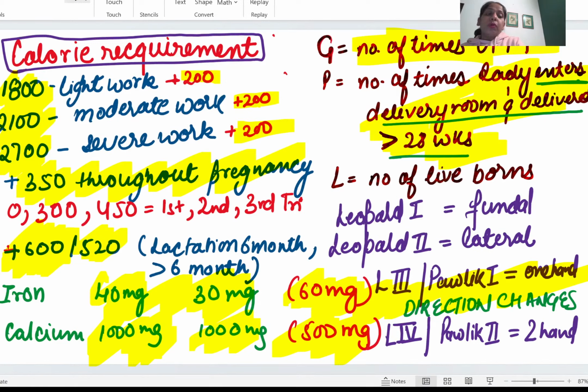Leopold first grip is the fundal grip. We put both our hands at the fundus and try to appreciate whether it is breech or cephalic.